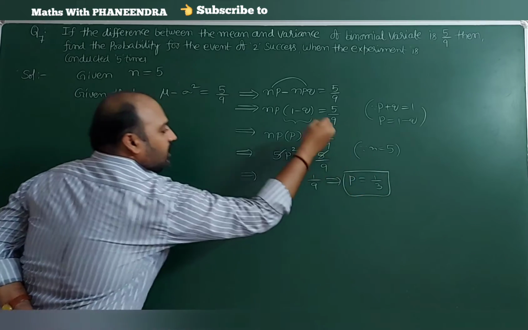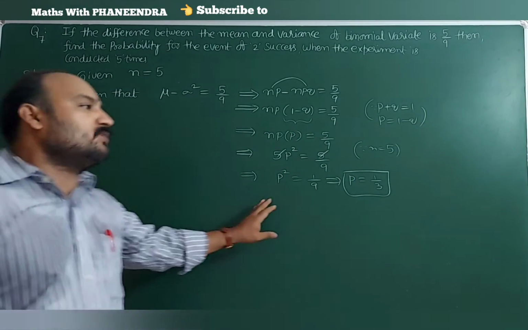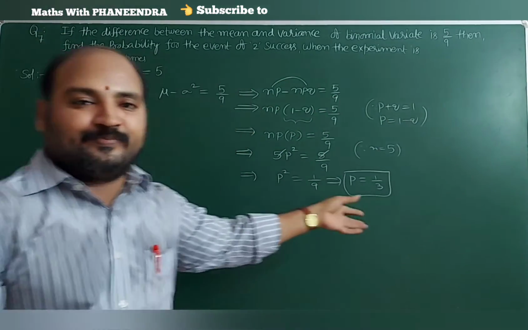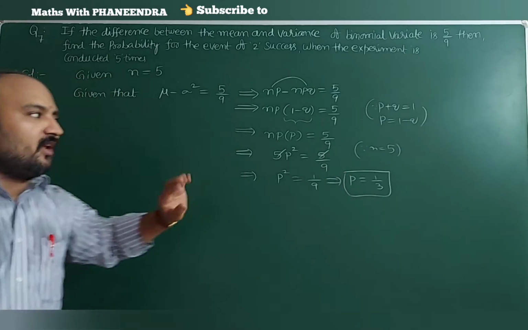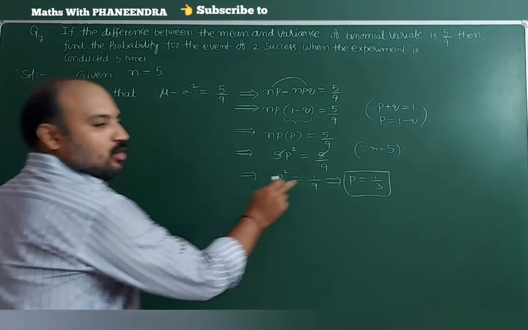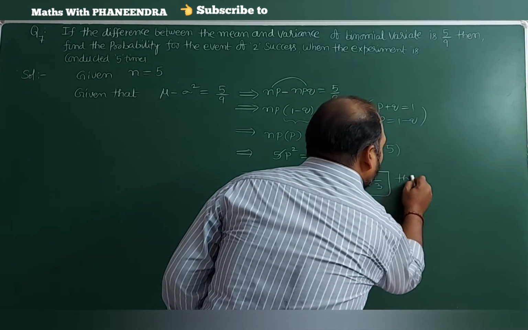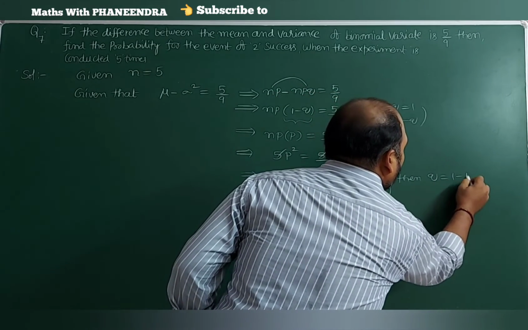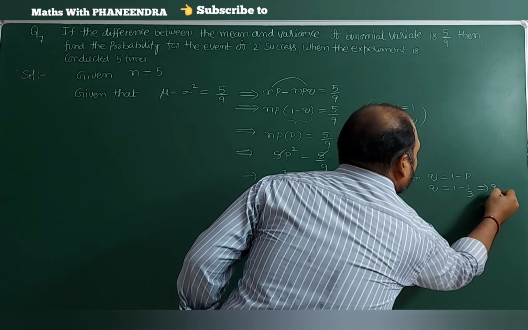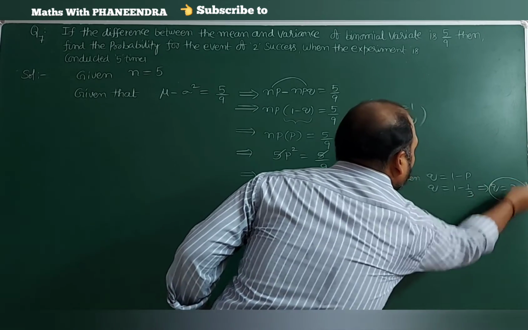We cannot write plus or minus, negative value. Why? Because probability p value is always greater than 0, q value is also greater than 0. So p is equal to 1 by 3. So obviously q value will come now. p is equal to 1 by 3, then q is equal to 1 minus p, 1 minus 1 by 3. That implies q is equal to 2 by 3.